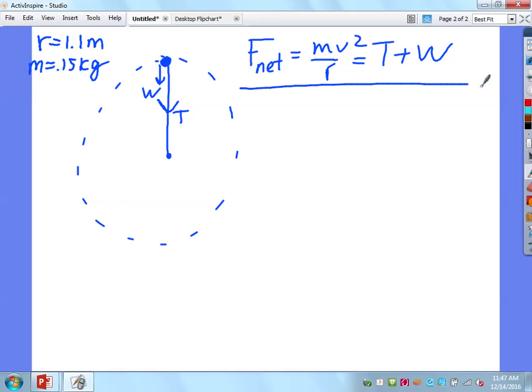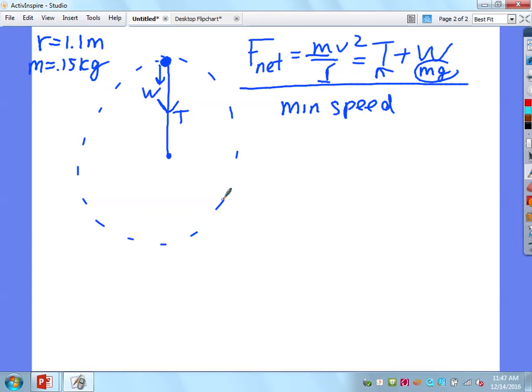And so you might still say, well, I don't think I have enough information. I have m, I have r, I can find W by doing mg, but what the heck is T? Well, that's the important part. That's the key. It's asking for the minimum speed to complete the loop, to complete the circle.